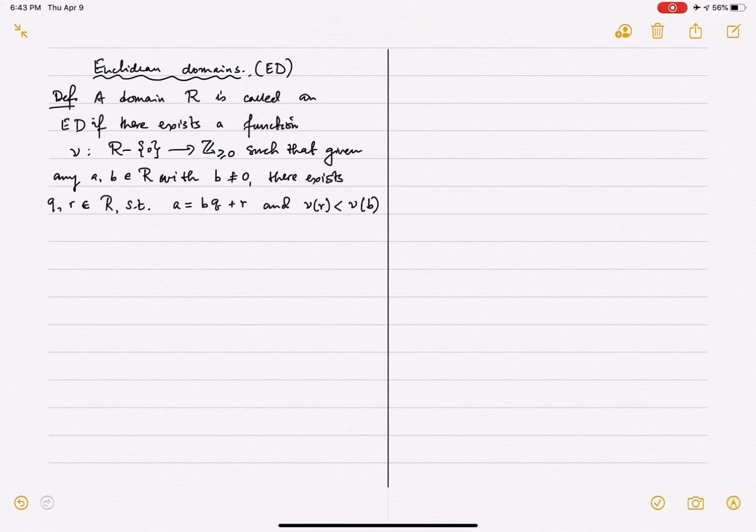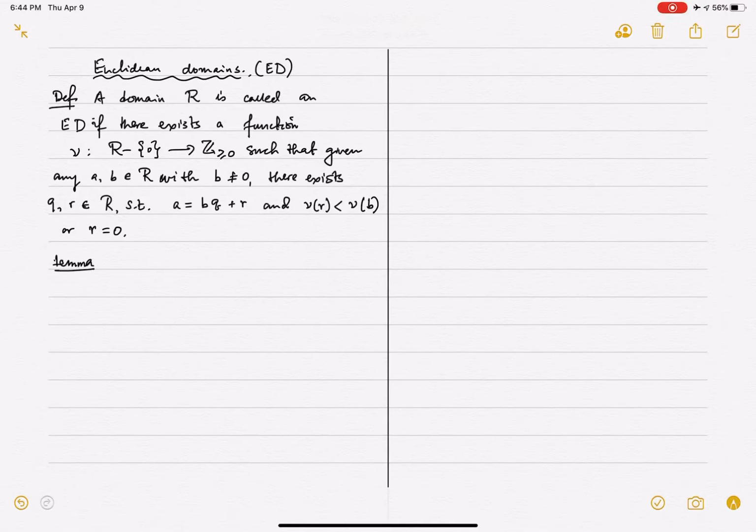So either nu of r is less than nu of b, or r is 0.